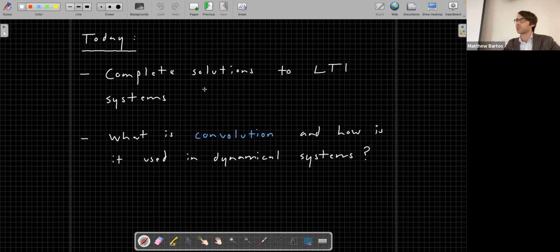So who's heard of the term convolution before? Okay, what context, any other hands? Who's heard of the term convolution before? Three. What context have you heard convolution used in your previous studies or in your research? There is one in computer vision, convolutional neural network.